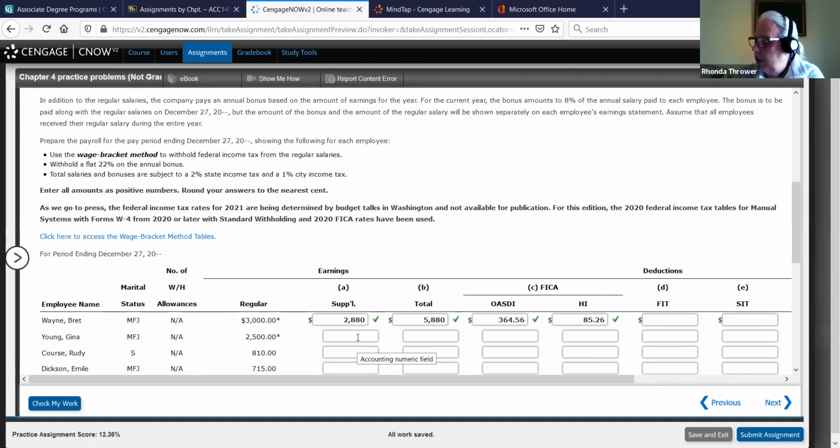So if the supplemental tax is 22%, we would multiply that by the bonus amount of 2,880. And that will give you $633.60 that they're going to take out of that bonus just for federal income taxes.